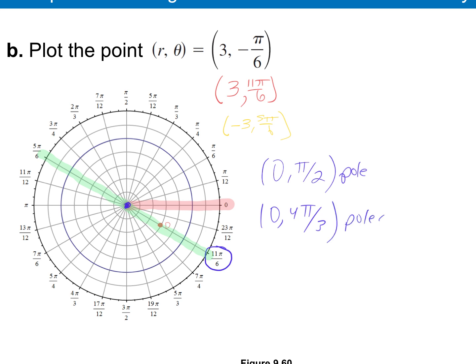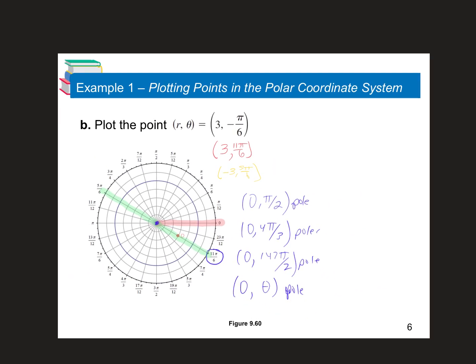What about 0, comma, 147 pi over 2? Still at the pole. As long as your distance is 0, you're always going to be at the origin or the pole. Does that make sense? What if your angle is 0? Yeah, that could be. That would just be where you start, on your polar axis.